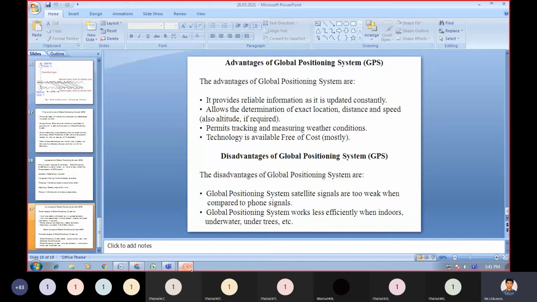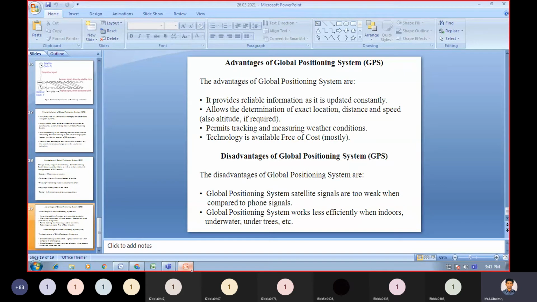Each and every minute it is going to update. It allows determination of exact location, distance and speed, and also latitude and longitude if you require.